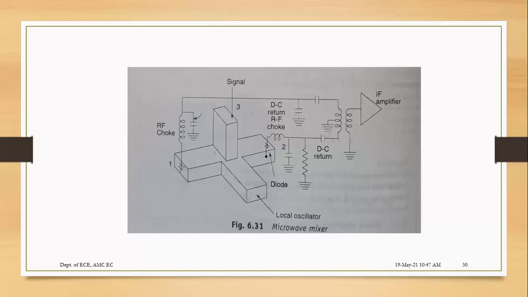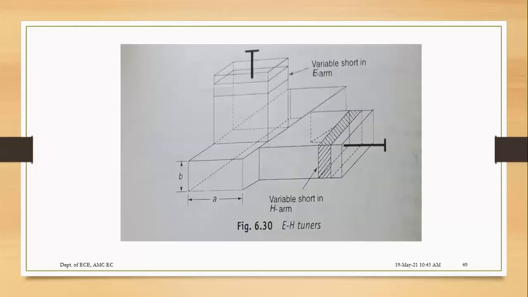There will be a dummy load connected to your port 2, such that 50% of your transmitted power is coupled to the antenna and 50% of the received power gets into the receiver. The remaining 50% will be absorbed by the dummy load. So that's a small application of the duplexer system in the radar system. The main applications are the microwave mixer as well as the E-H tuner.